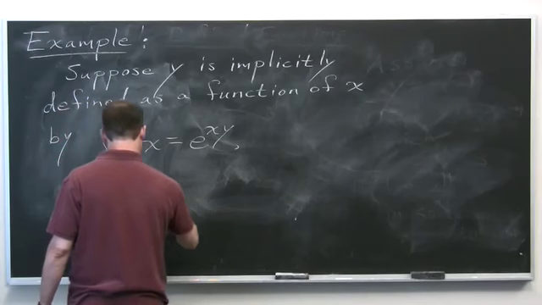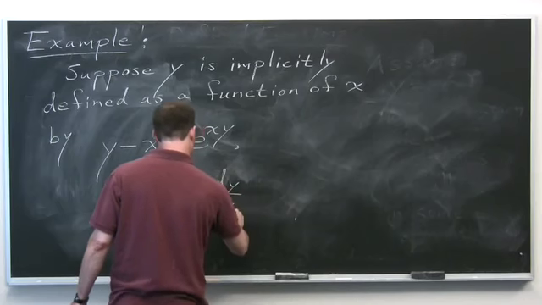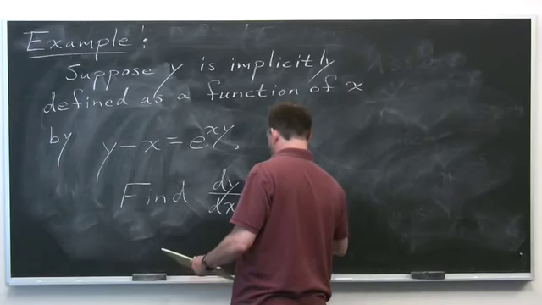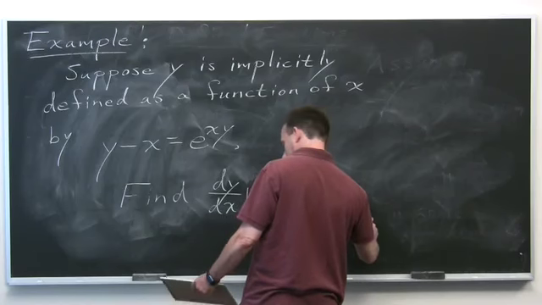Find dy dx where, how about when the pair xy is -1, 0?